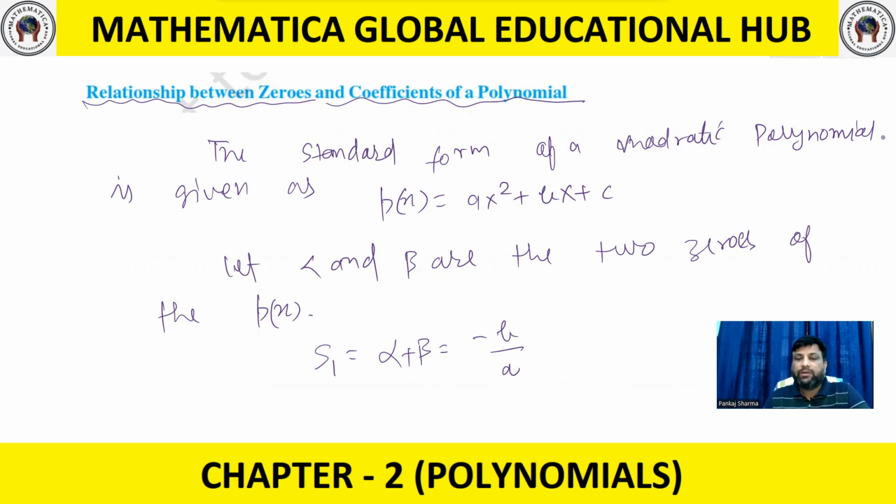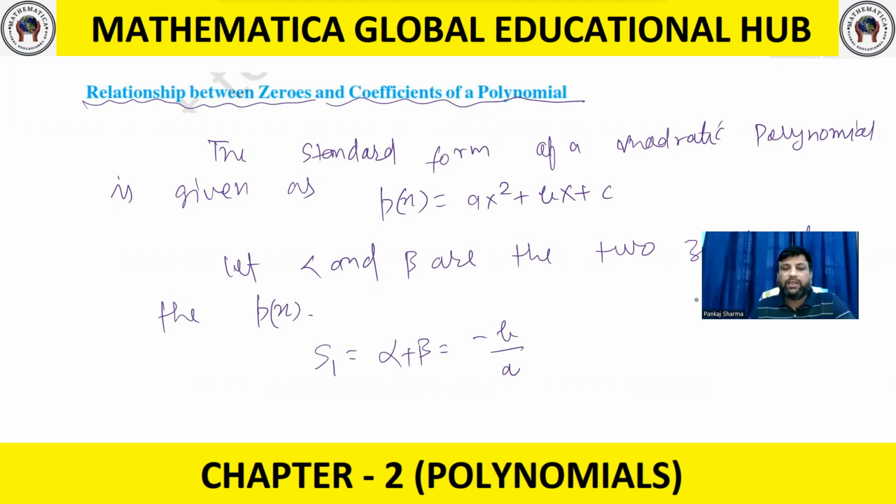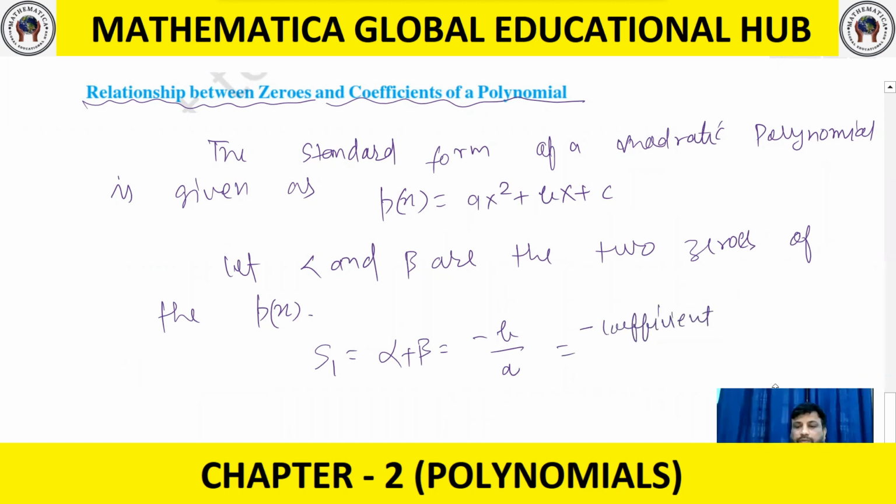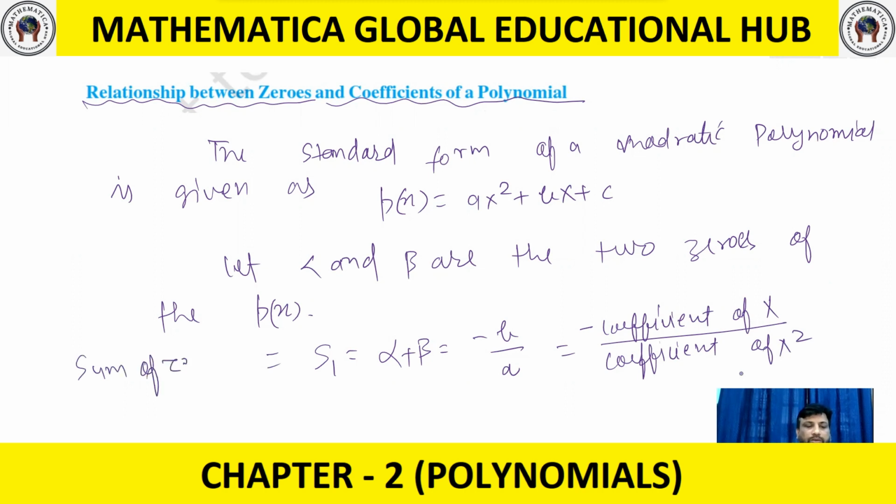Or we can also write it as minus the coefficient of x divided by the coefficient of x square. This is the sum of zeros formula which we need to keep in mind.